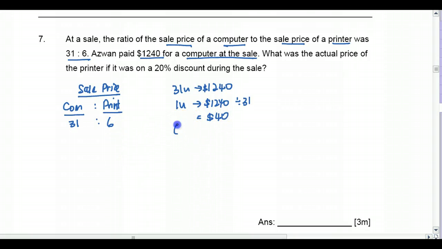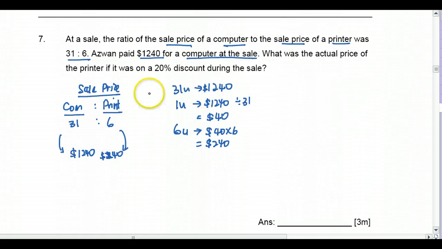Alright, so my 6 units, which is the printer, will be $40 times 6, $240. Right, so here I know the computer is $1,240, printer is $240.